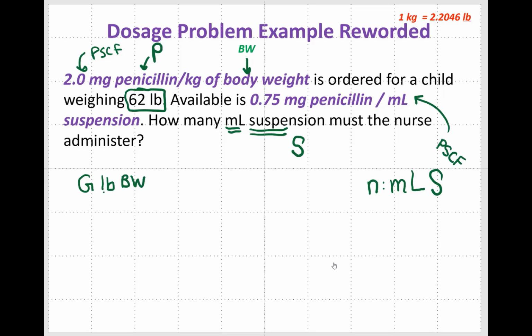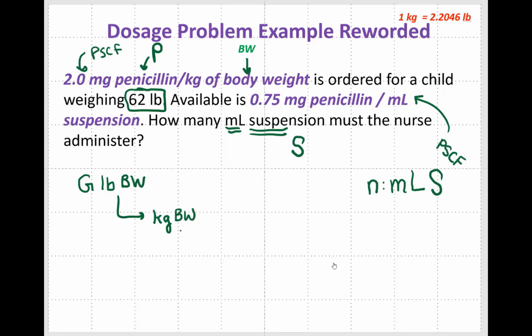So I'm given pounds of body weight, and I can go from pounds of body weight into kilograms of body weight, and that'll enable me to get to milligrams of penicillin. So we're going to convert from pounds to kilograms of body weight.